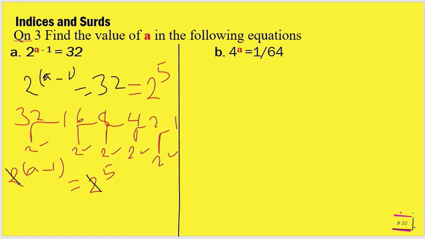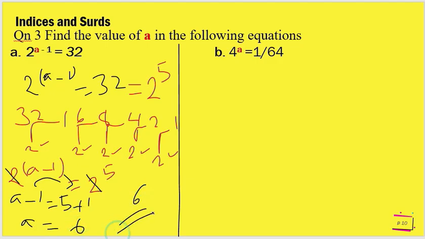So this means that A minus 1 is equal to 5. So what is the value of A? Take this 1 to the other side. Since it is minus, when it crosses the equal sign, it will change the sign to plus, and therefore A becomes 6. So 6 is the value of A in the first question, part A.